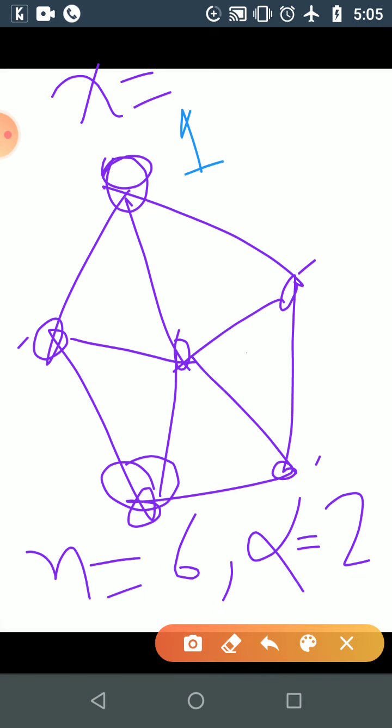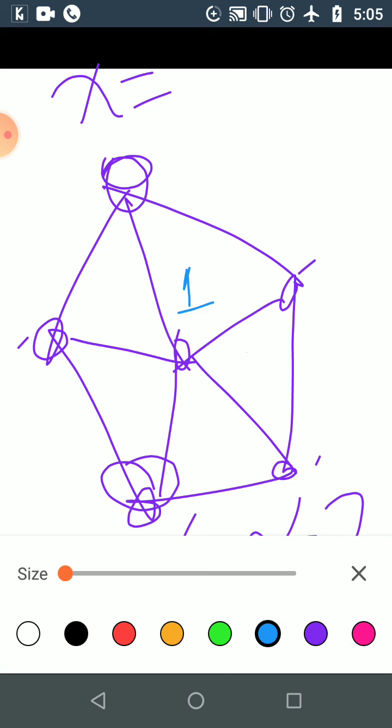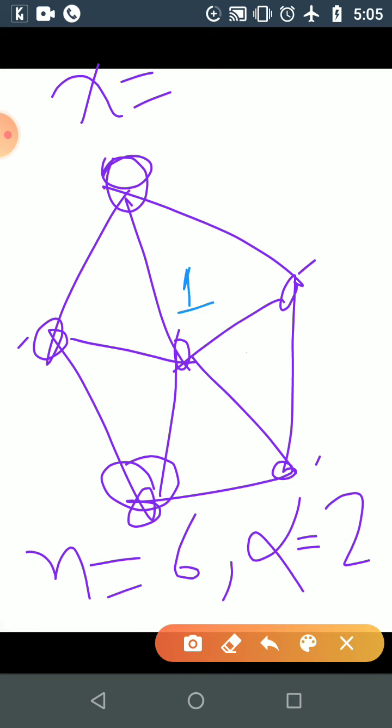So for the chromatic number, you can use color number 1 to color this middle part, then no other vertices will be colored by color number 1 because it is adjacent to all other vertices. Color number 2, we can't use on this one and we can't use on this one. We can use color 2 over here, but not on this one because these are adjacent with color 2.